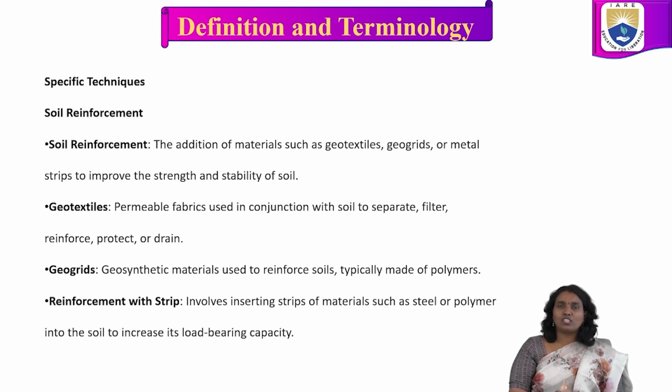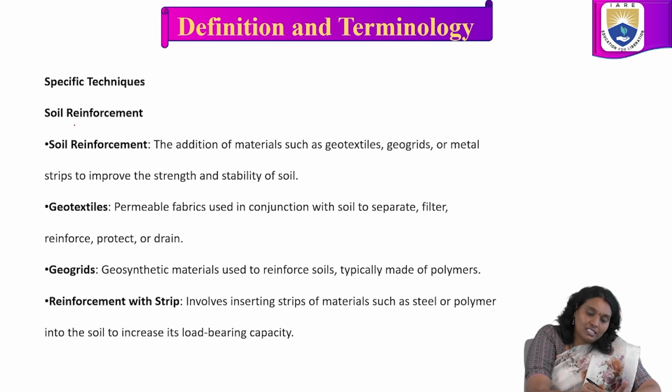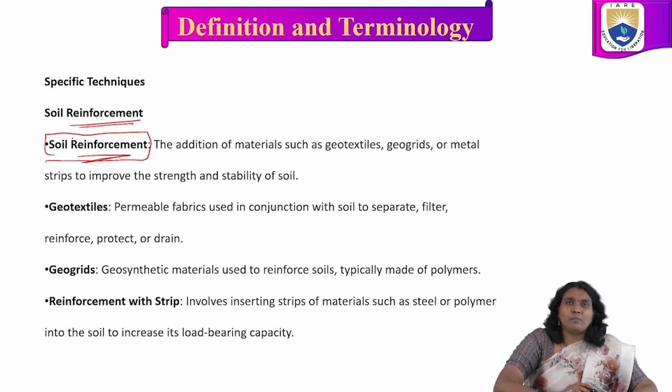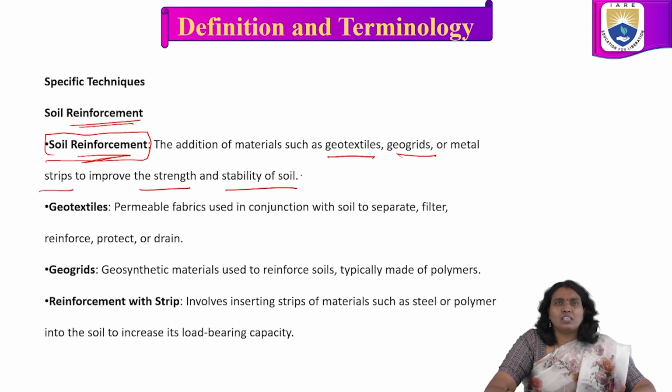For this, we choose various techniques. The first one is soil reinforcement. We are doing the reinforcement to the soil: the addition of materials such as geotextiles, geogrids or metal strips to improve the strength and stability of the soil.